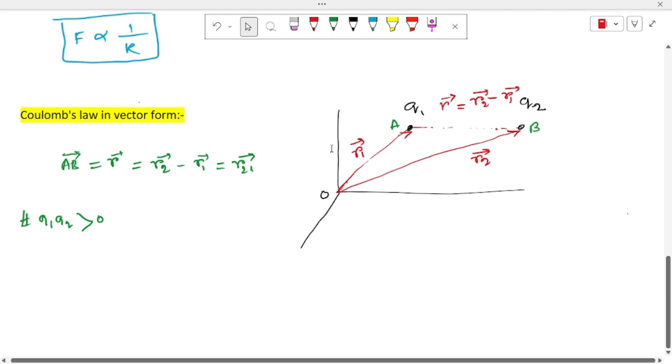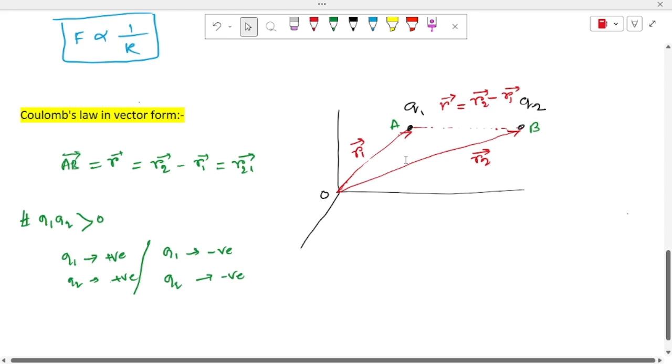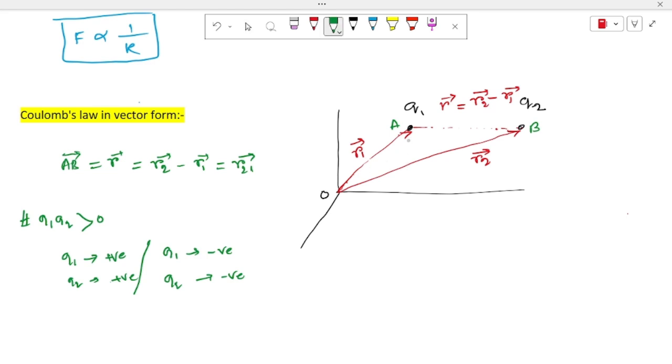That means Q1 can be positive and Q2 is also positive, or Q1 is negative and Q2 is also negative. Then only the multiplication Q1 Q2 will be positive. So that means they are of same polarity, and they will simply repel each other.